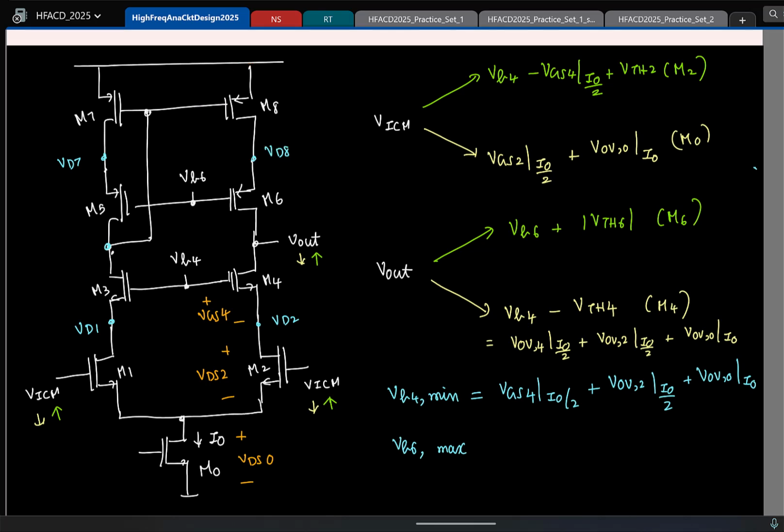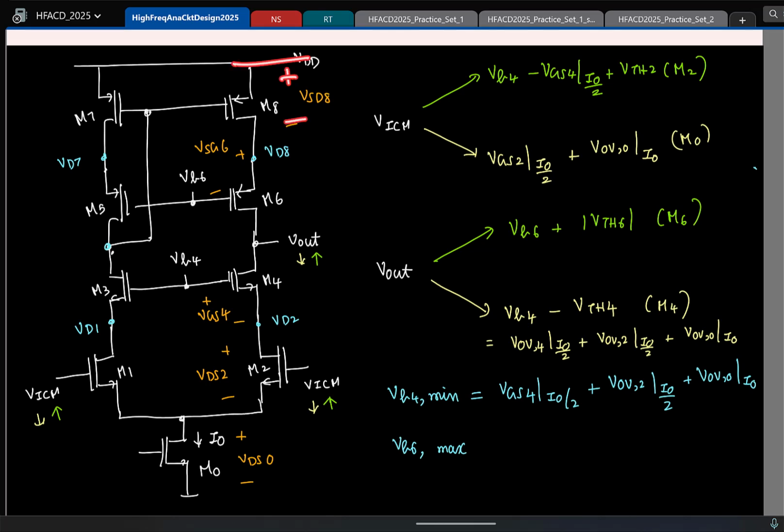So similarly, we can try to write it directly. Here you have VDD, right? So VDD minus VSD8 minus VSG of 6, correct? That is VB6. Is this clear? VDD minus source to drain, sorry, should be source to drain.